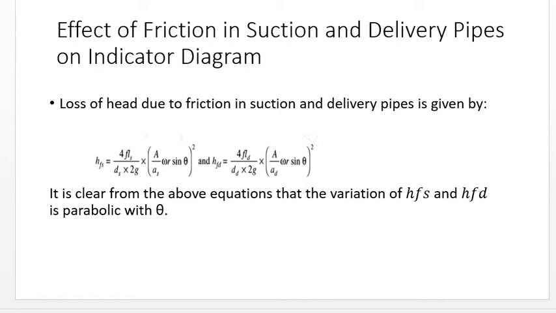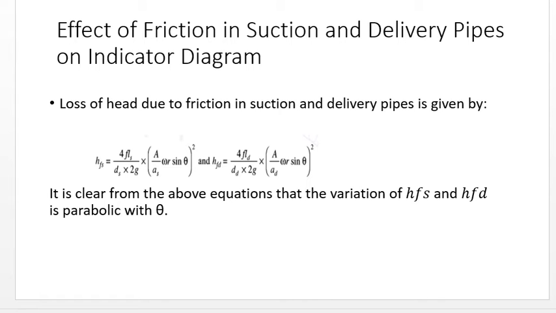So we all know that the loss of head due to friction in the suction and delivery pipe is HFS = 4FLs/ds × g × (A/As × ω r sin θ)² . We had derived this equation in the last videos, in which we had discussed the effect of friction in the suction stroke and delivery stroke.